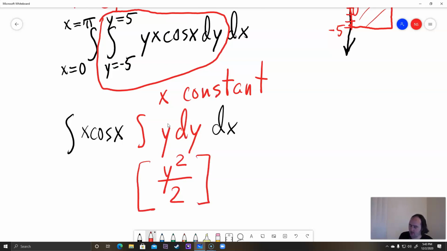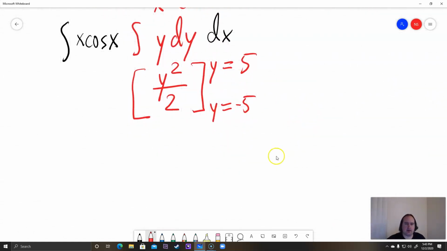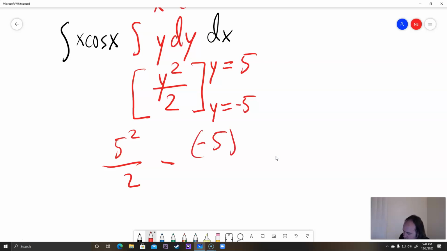Okay? And we're evaluating this from y equals -5 to y equals +5. Okay? So plugging in the top number first, we get 5 squared over 2 minus -5 squared over 2.